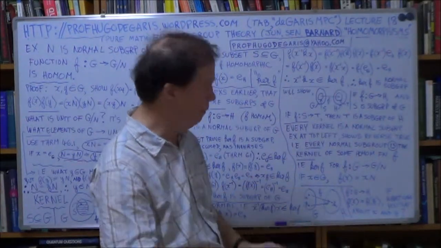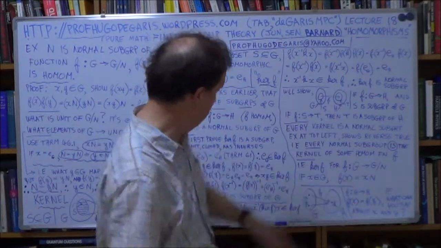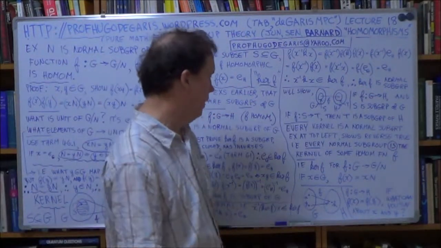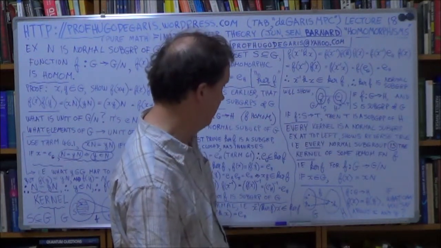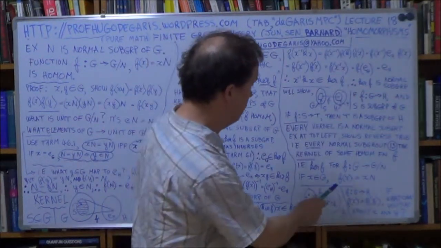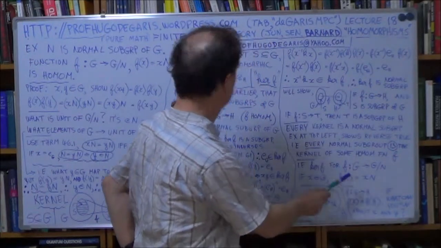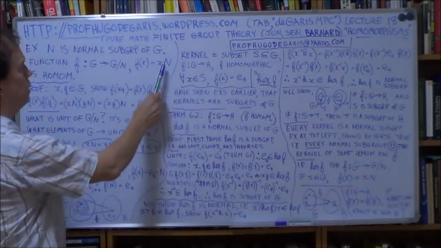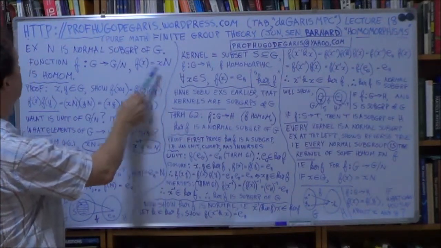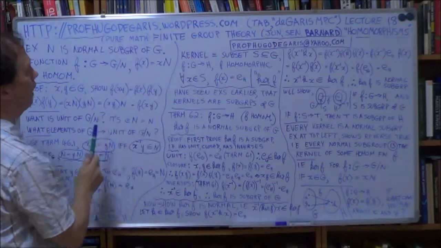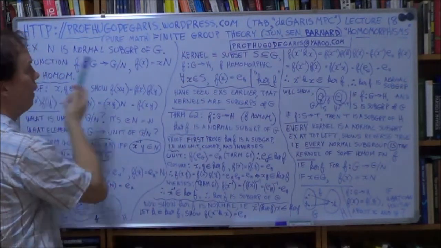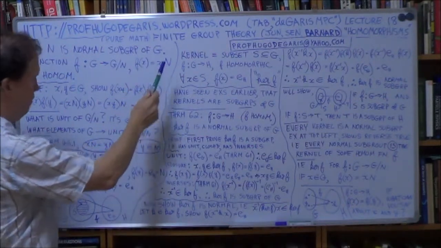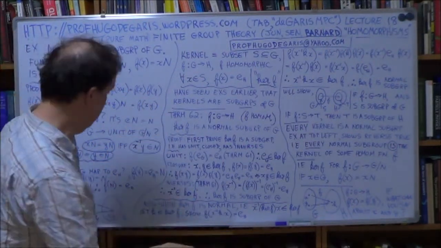Meaning that when you map it, you get the unit of H. And what is that mapping? Well, it was this one. Here's your normal subgroup N. So you map it using this formula: f of x is just xN, and then what's your kernel?